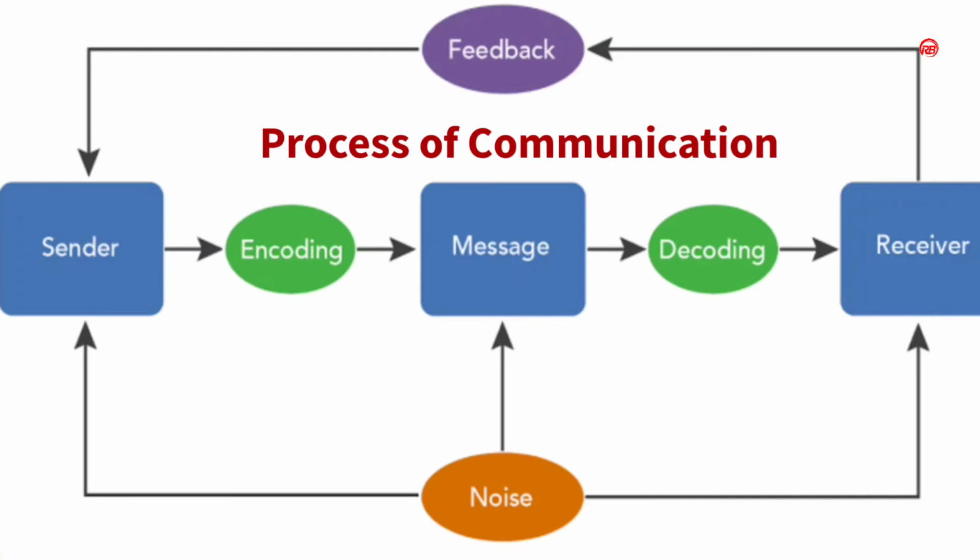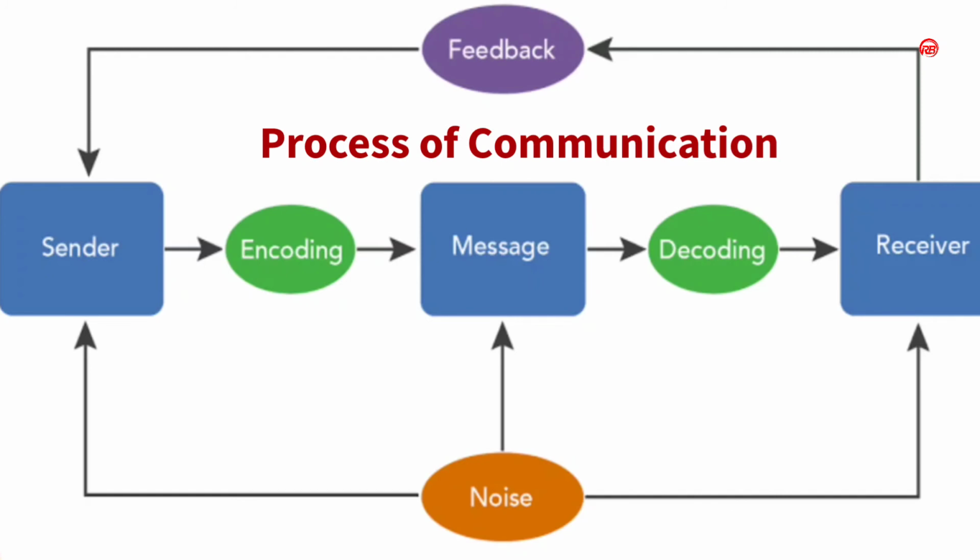We have to explain it in a paragraph in a step-by-step process. In the first step, the sender encodes a message and sends the message to the receiver. The second step is that the receiver receives the message from the sender, decodes the message and sends a reply to the sender.